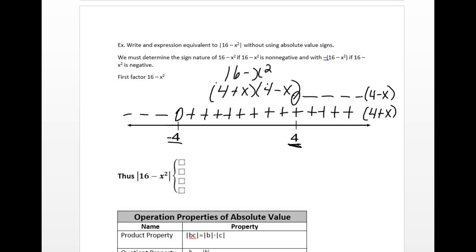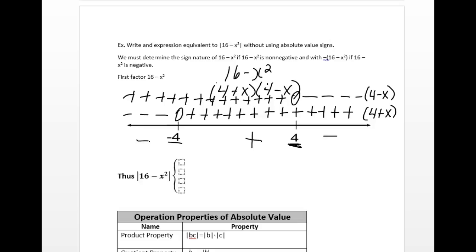And if we put anything less than 4, say 0, 4 minus 0 is 4, so it's positive going this way. So we have to be careful that we pay attention when we do our sign analysis with our factors. Now when I total this one, a negative and a positive make a negative. Two positives make a positive, and a positive and a negative make a negative.